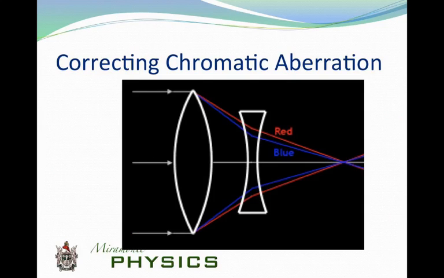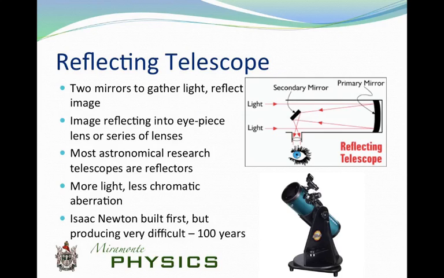You can correct chromatic aberration if you have a converging lens and you get that blue light bending more. You can put a diverging lens in front of it, and that will cause it to realign. But you have to be really particular about those two lenses lining up exactly to get the blue and the red to line up precisely at the focal point. But it can be done.